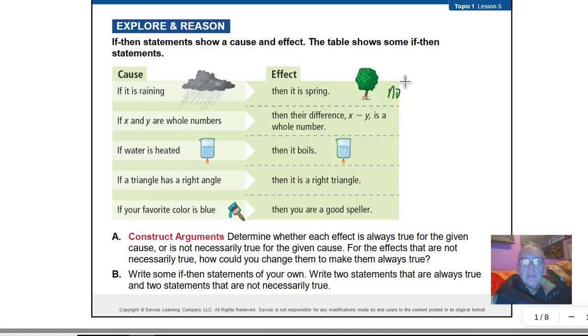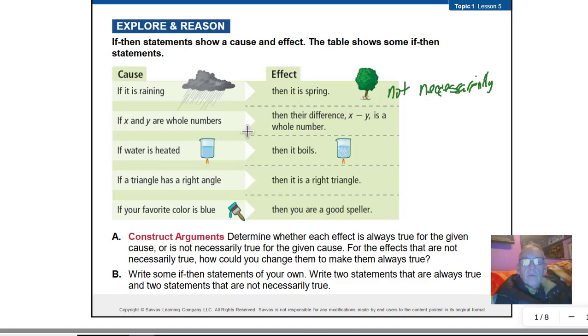So this is a not necessarily true. Not necessarily, R-I-L-Y. Okay, didn't exactly spell that right, but not necessarily true.